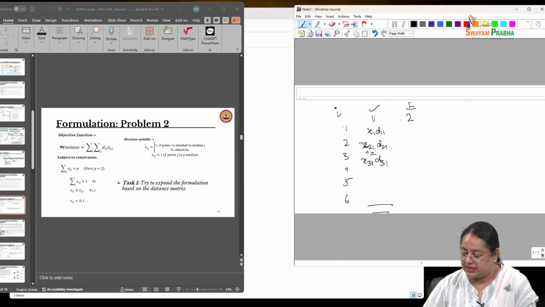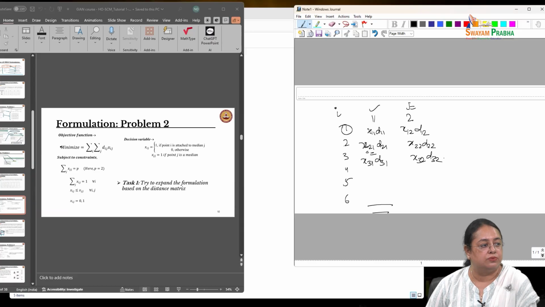So you will add them all. Then we will investigate what if j is equal to 2. First facility x12, d12, x22, d22, x32, d32. This will enumerate the distance between all the facilities and median point 2.